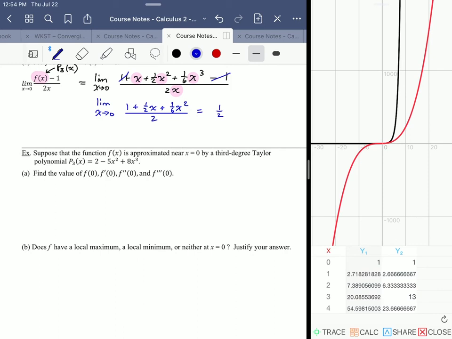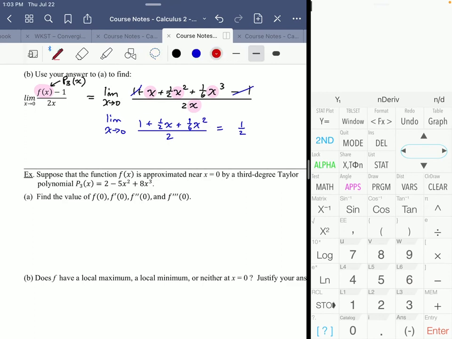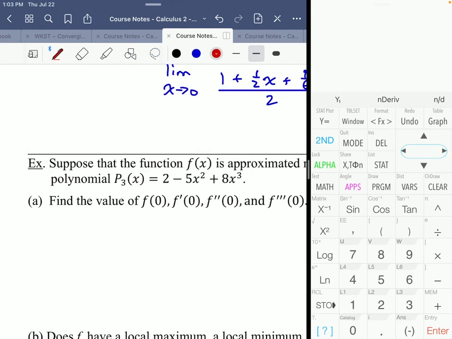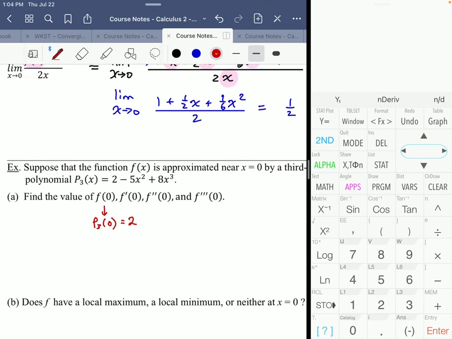We can evaluate this using the Taylor polynomial. So instead of finding f of 0, I'm going to find p sub 3 of 0. That's easy enough. That's just a 2.